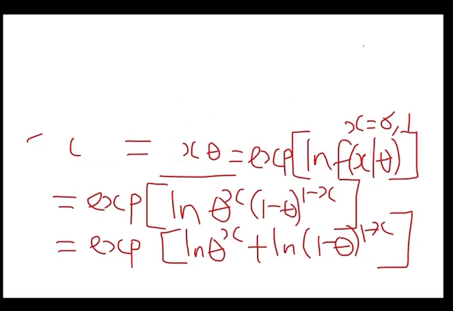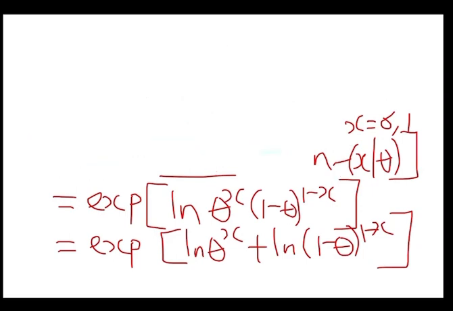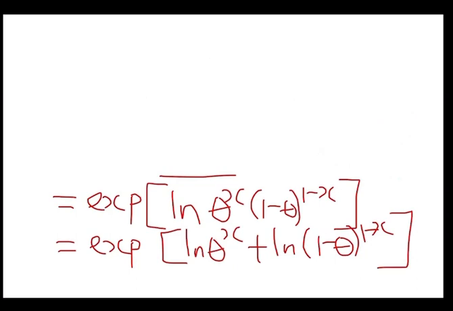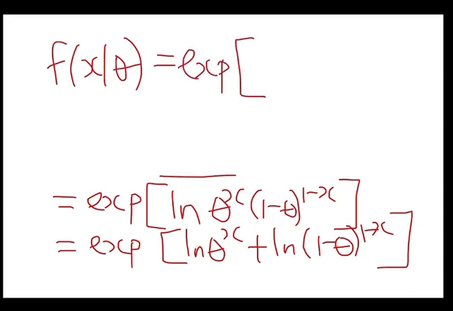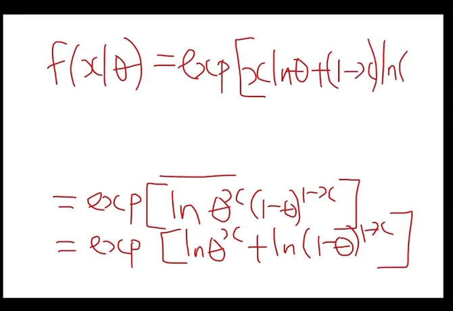Now my f of x given theta is going to be equal to exponential of x ln of theta plus 1 minus x ln of 1 minus theta. Take a look at that.